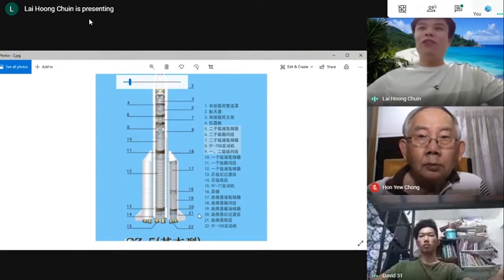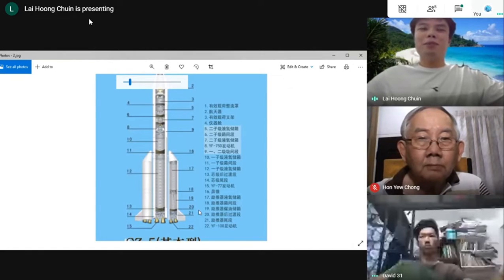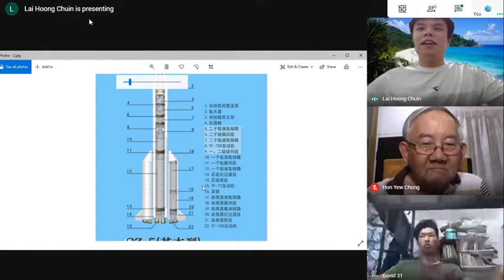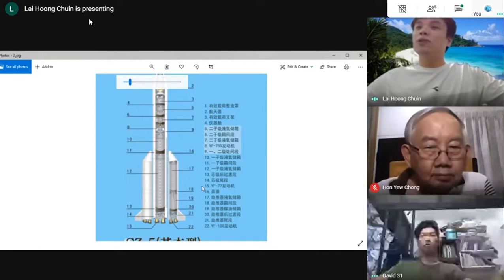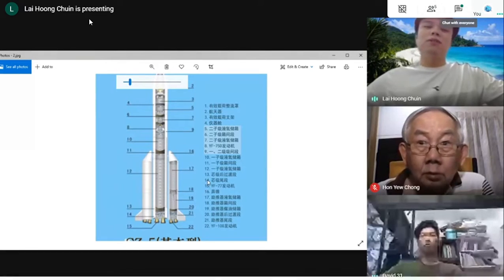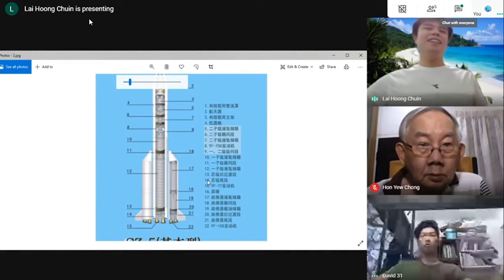Because the fuel is hydrogen and the oxidizer is oxygen, so the end product is water. It's clean, no pollution. Different from the previous CZ2 or CZ3, which carried UDMH, which is toxic and pollutes the environment. So this time we are going green, going clean.